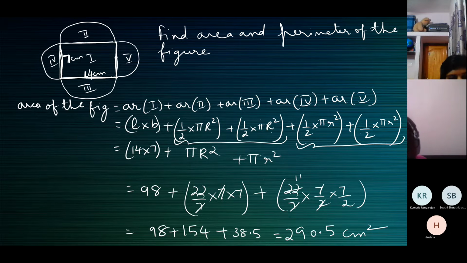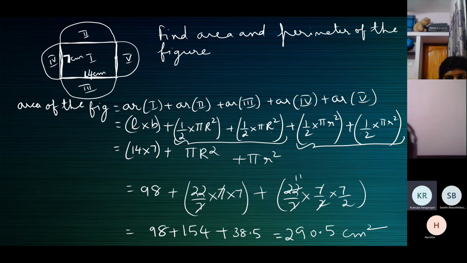Ma'am, for 2, 14 centimeter. What is the radius then for 2? 7 centimeter, ma'am. What is the diameter for semicircle 3? 14 centimeter. What is the radius? 7 centimeter. This radius I have taken as capital R.